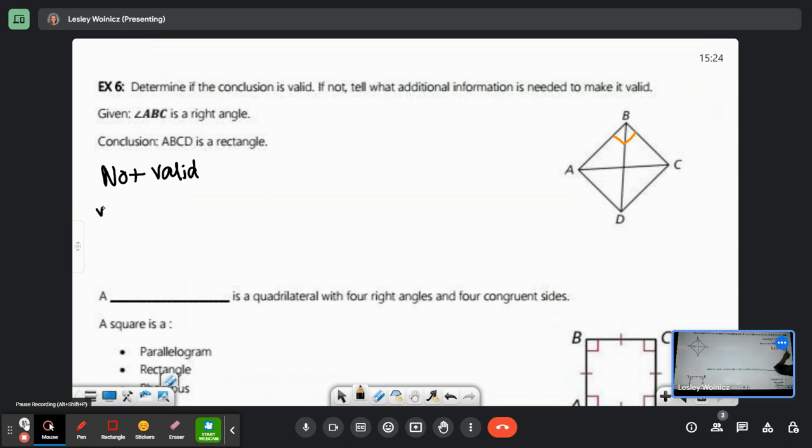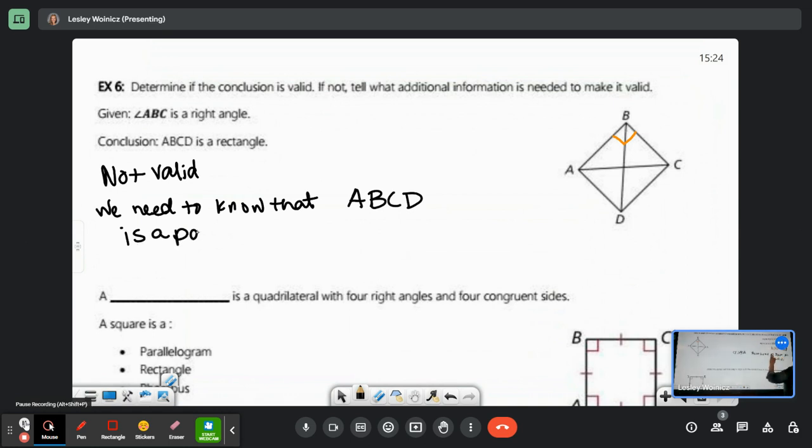We need to know that ABCD is a parallelogram.